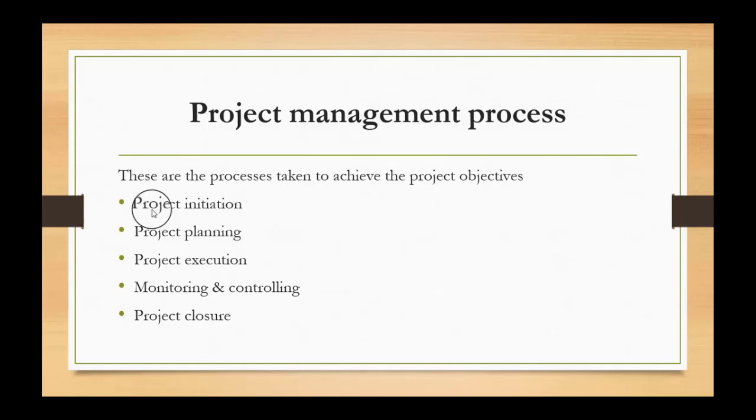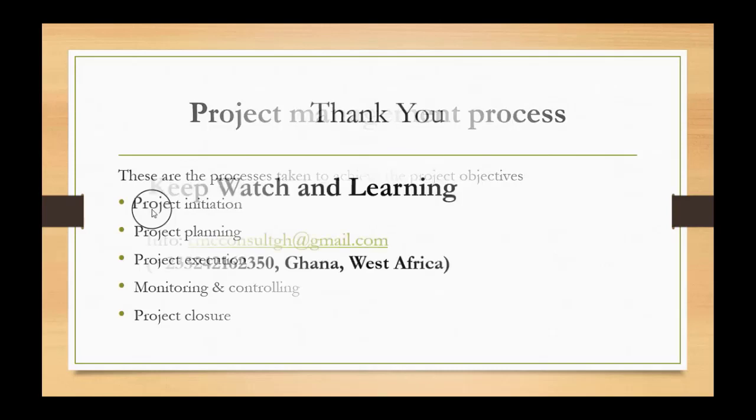We are going to look at all these aspects of the project management processes, and explain further to the learners for them to understand each of them and their meaning in the project management cycle.